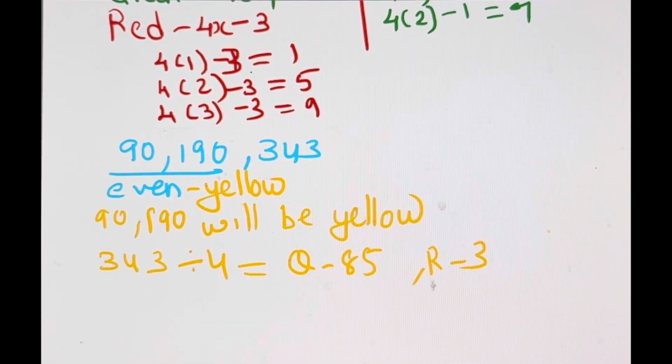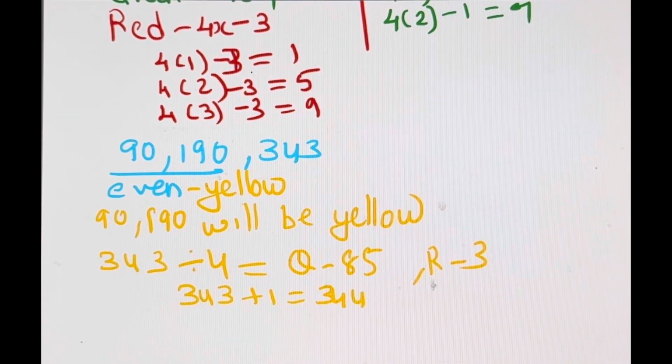Now here quotient is not very important. Remainder is 3. Means one more than 3. If you add 1 to 343, 344 will be divisible by 4.